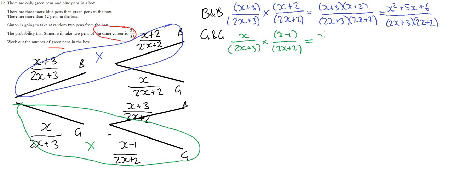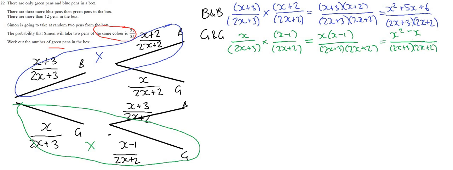Okay, and again, that's just going to be X times X minus 1 over 2X plus 3 times 2X plus 2. And again, I can basically expand out the bracket on the top. So I'm going to get X squared minus X all over 2X plus 3 times 2X plus 2.